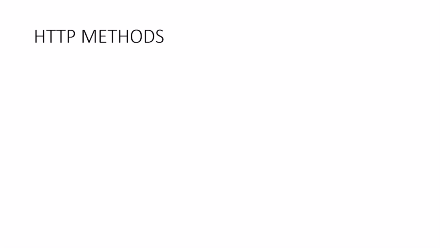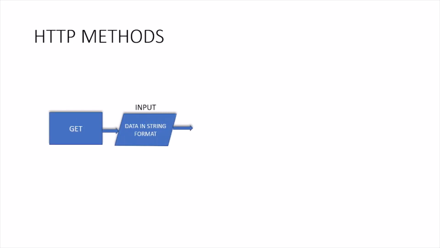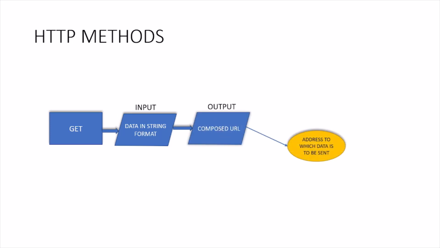But now let's talk about the two HTTP methods, get and post. The get method takes as input data in string format. The output from this method is a composed URL, which consists of the address to which data is to be sent, and if there is any data, that data along with its keys and values.